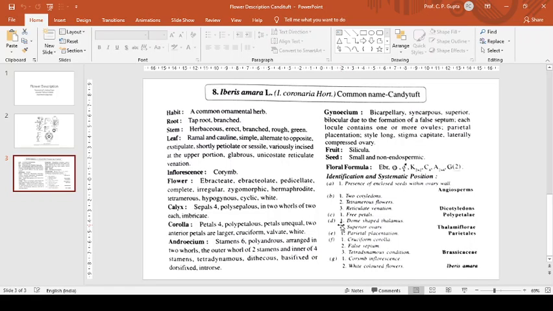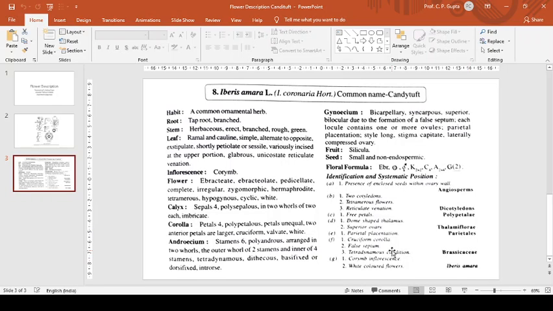Dome-shaped thalamus, superior ovary, that is thalamiflorae. Parietal placentation and cruciform corolla are the specific characters of the order Parietales.